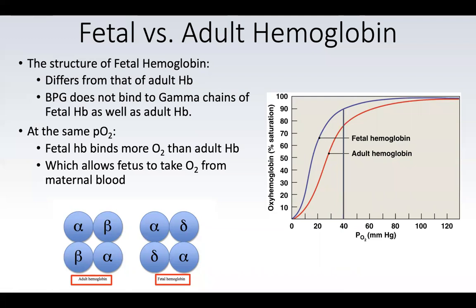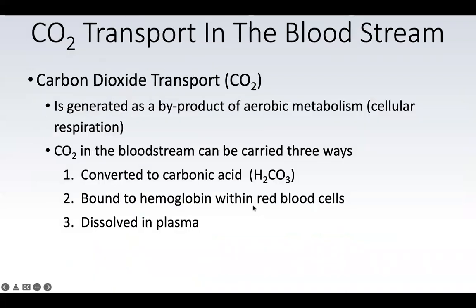So when we compare the P50 between fetal hemoglobin and adult hemoglobin, the P50 will be less than adult hemoglobin. It's essentially a shift to the left if you were comparing fetal hemoglobin to an adult hemoglobin saturation curve.